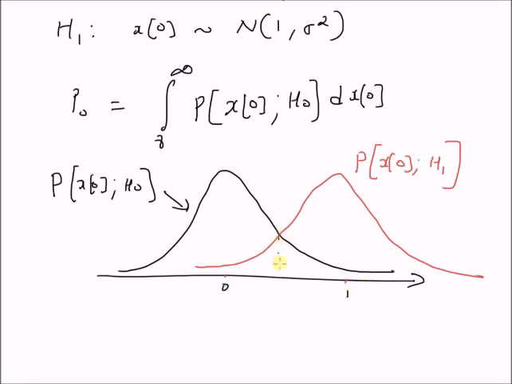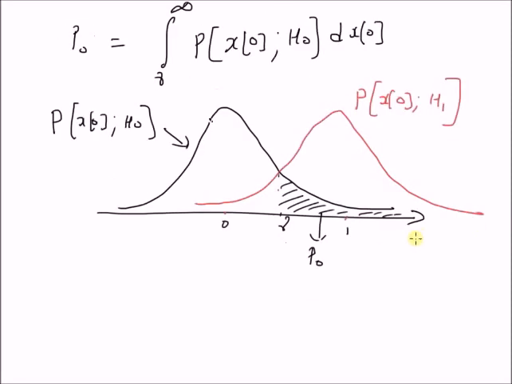The detection threshold gamma may be somewhere between 0 and 1. If you decide that the observation belongs to H1, even though it is in this region, that is the probability of wrong decision. So the area under this shaded region corresponds to the probability P0, or the probability of making a wrong decision. This is the axis of the observation x of 0.